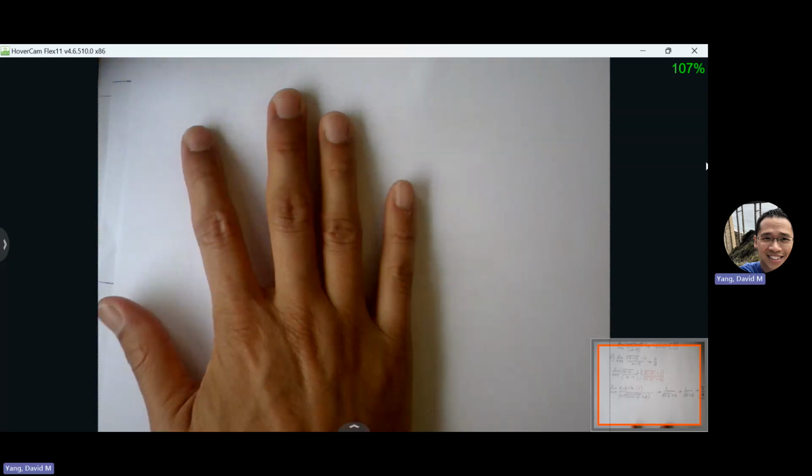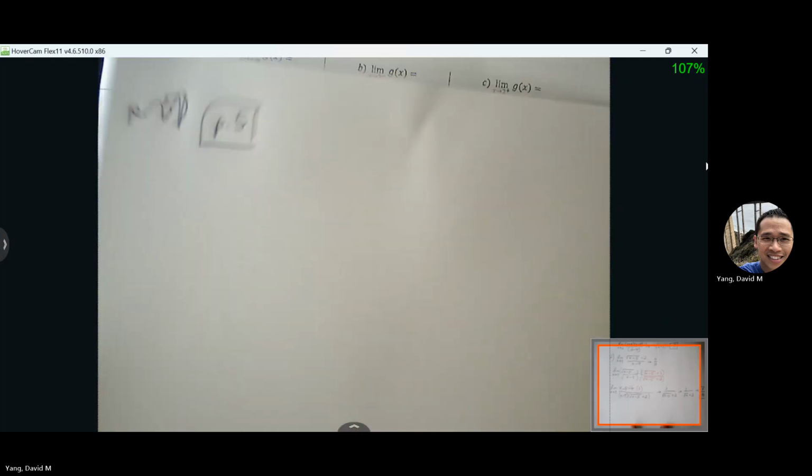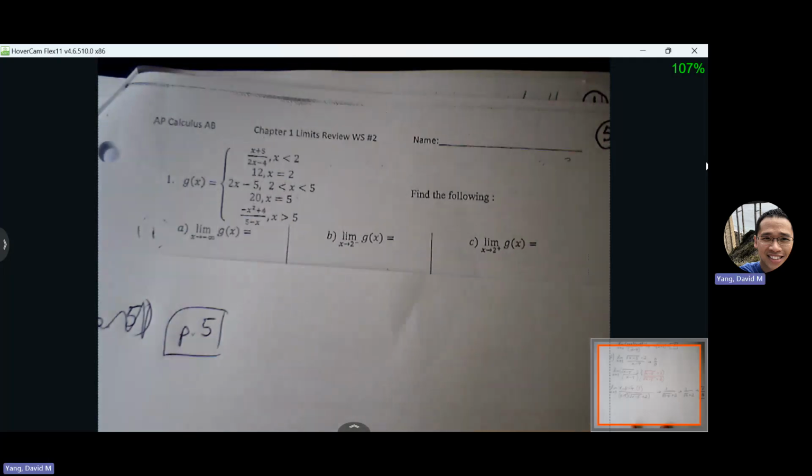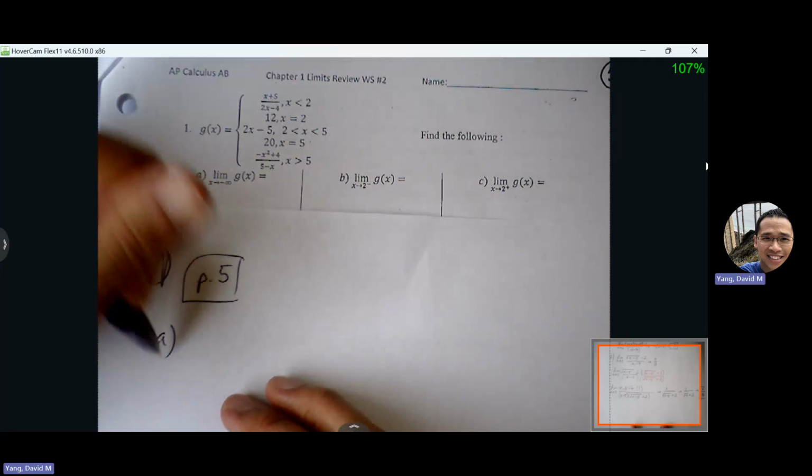Page 5. All right, another piecewise function to look at here. Part A.